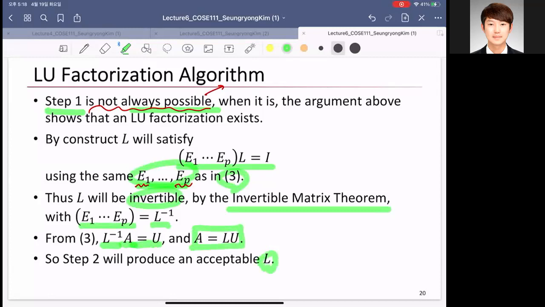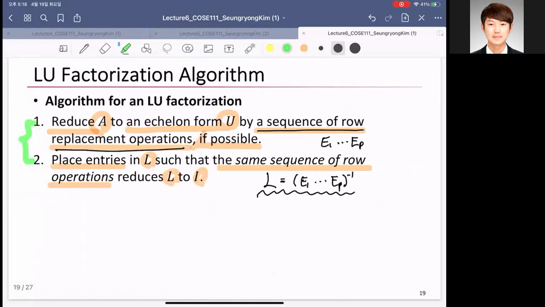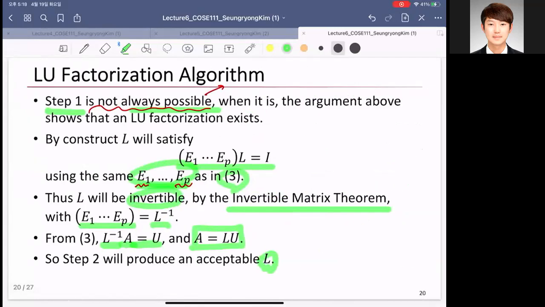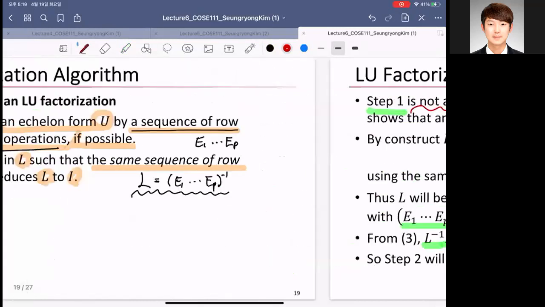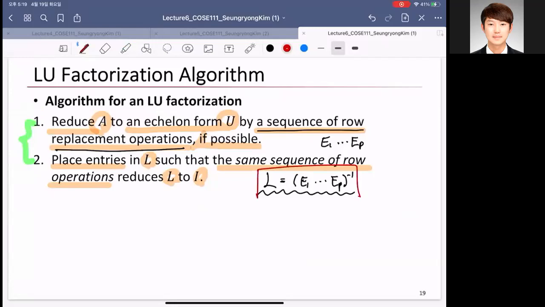This is just to explain what we discussed so far, right? Then L looks like this, our target L, and the product with U, the echelon form of the matrix A, is called matrix U. Then we can factorize the original matrix A into L and U. This is my LU factorization algorithm.